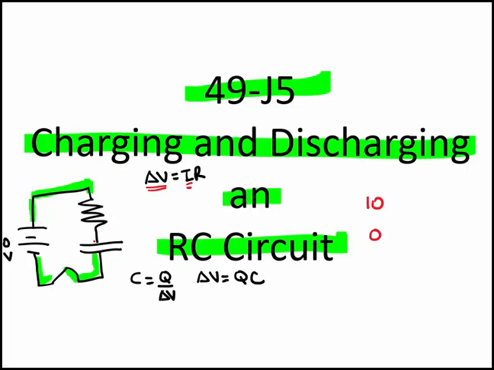That quickly enables us to start adding charge, and as we start adding charge, the voltage across the capacitor increases, and so the voltage across the resistor decreases. As the voltage across the resistor decreases, there's less current flow, so the charging becomes slower.